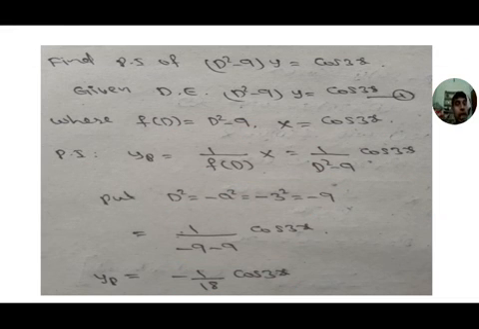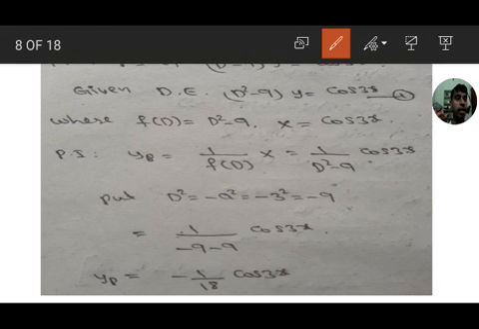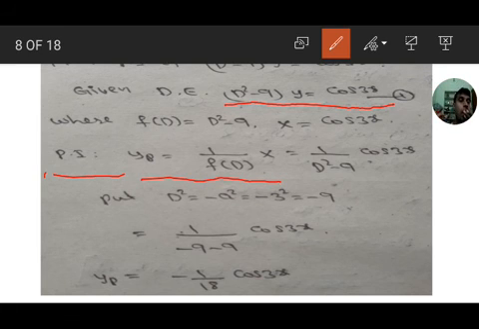One more time. Find the particular integral of D square minus 9 of y equal to cos 3x. So given differential equation, take it as 1: D square minus 9 of y equal to cos 3x. Compare equation 1 with f of D of y equal to capital X. We get f of D equal to D square minus 9, capital X equal to cos 3x, and particular integral yp equal to 1 by f of D on capital X, that is 1 by D square minus 9 cos 3x.